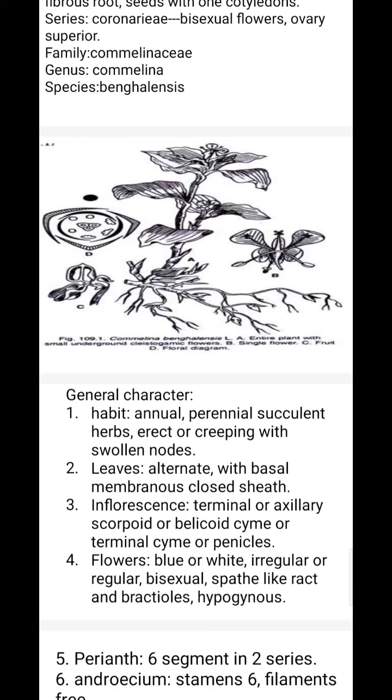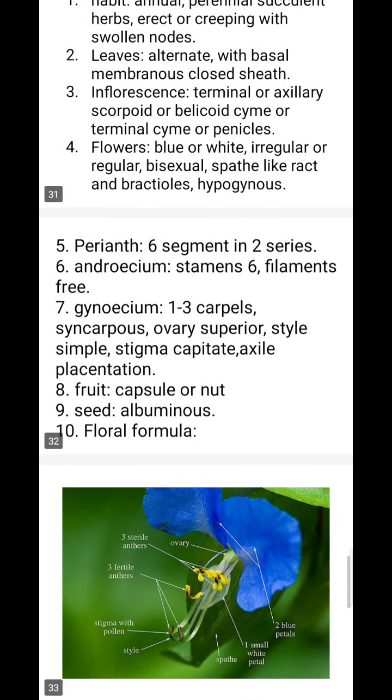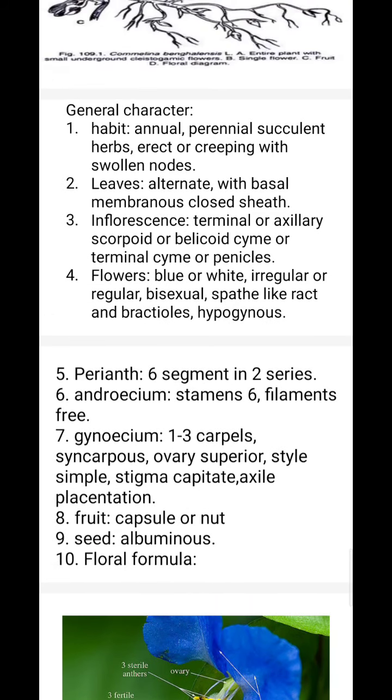In that there is axile placentation of the ovary. So let's start with the general characters of this family or the genus Commelina.